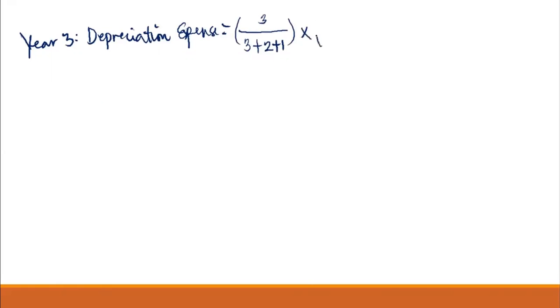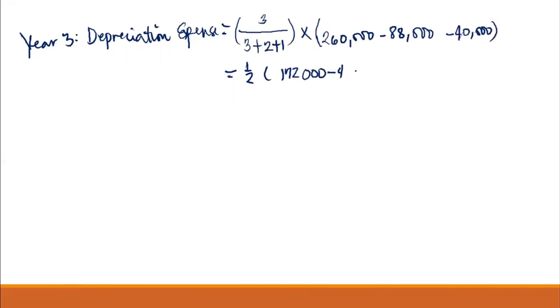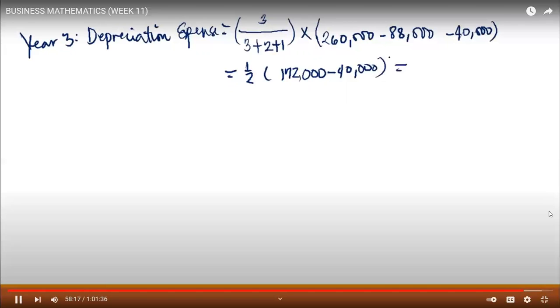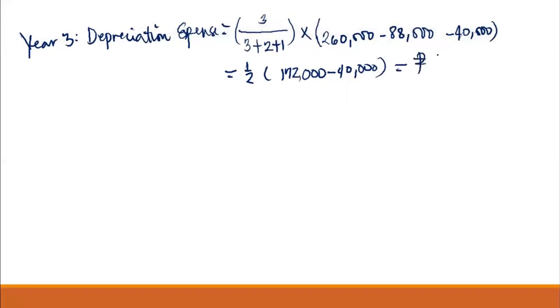So, we have 260,000 minus yung nakuha natin na 88,000 doon sa year 2 minus the scrap value. Okay? So, this is equal to 1/2 times 172,000 and minus 40,000. Ayun. So, this is now equal to, on the third year is 66,000 pesos. Okay?